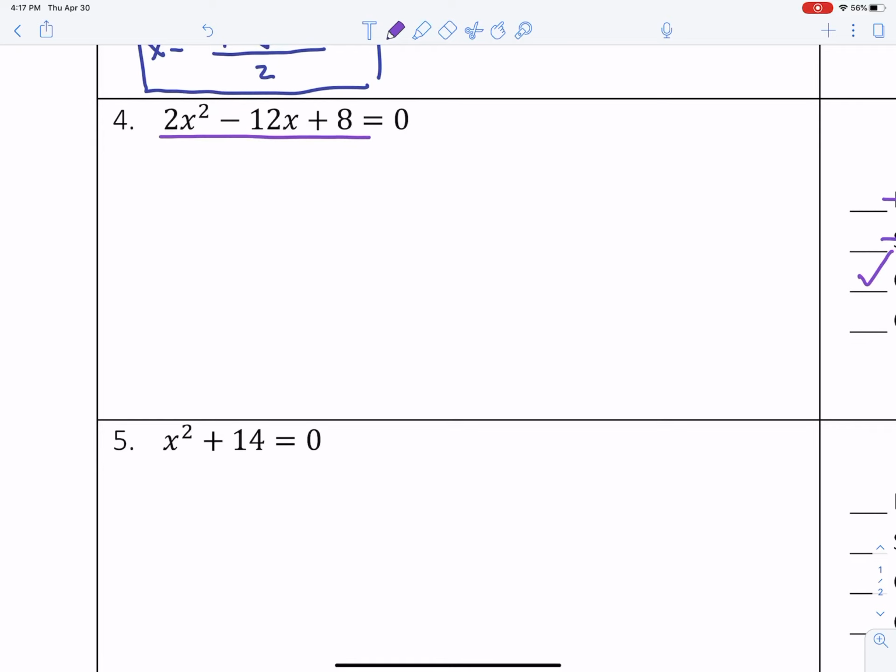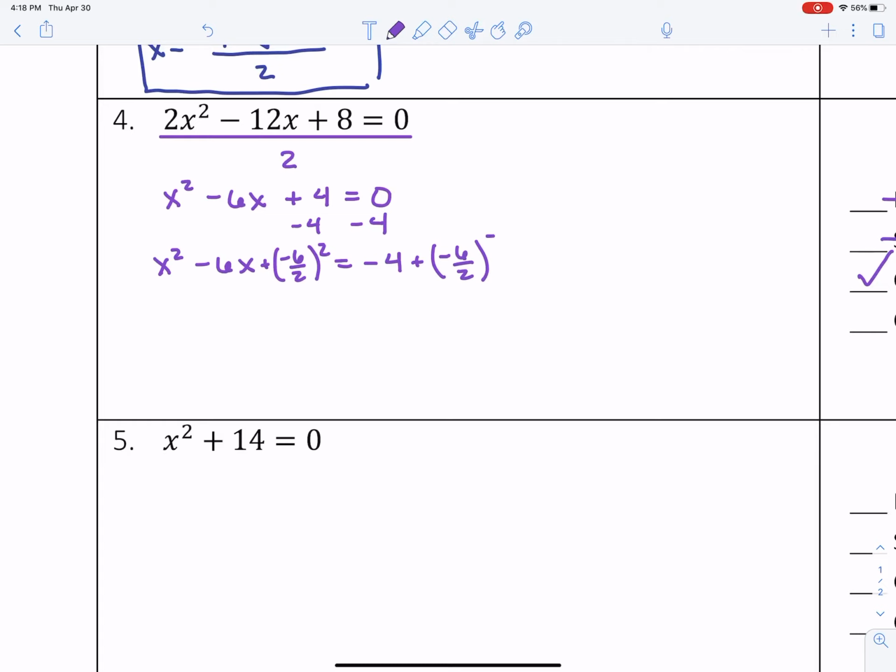First things first, I'd like to divide it all by 2, meaning that we have x squared minus 6x plus 4, and then we start moving some things around, meaning that we have x squared minus 6x, leave a space, is equal to -4. I am going to add (-6/2) squared to both sides of my equation.